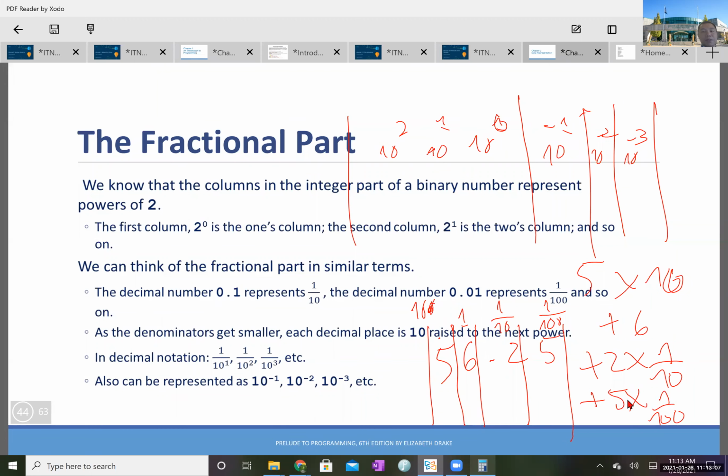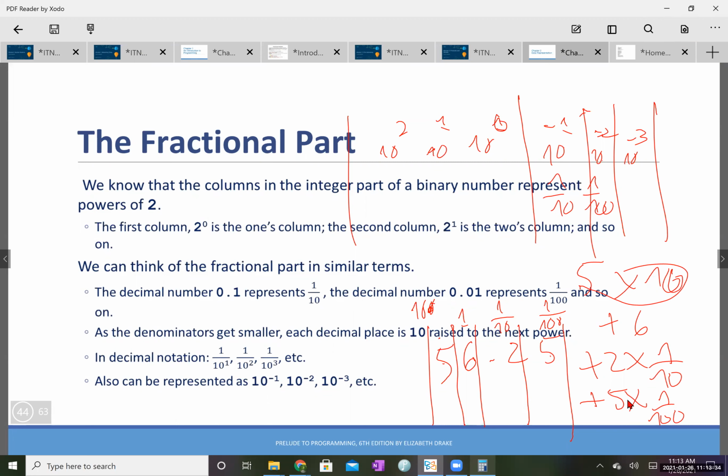Because 10 raised to minus 1 is actually 1 over 10, and 10 raised to minus 2 is actually 1 over 100. So when you break down 56.25, you have 5 of 10, 6, 2 of 1 over 10, and 5 of 1 over 100. You got it?